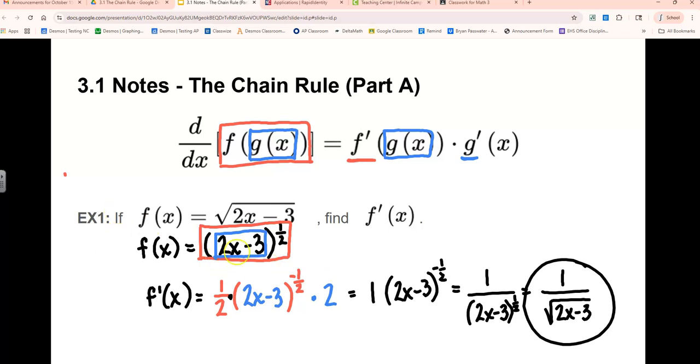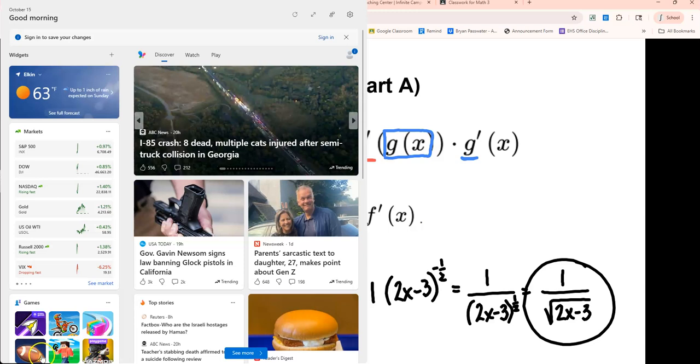That 1/2 and the 2 happen to cancel out, but if I had a different number besides the 2, it would not necessarily. So you may have different numbers. Typically, though, if you have the square root of something, it's going to be over the square root of that stuff, because whenever you do that chain rule, you get a negative 1/2 for that.